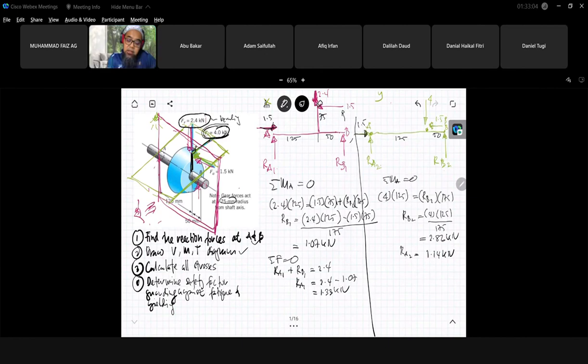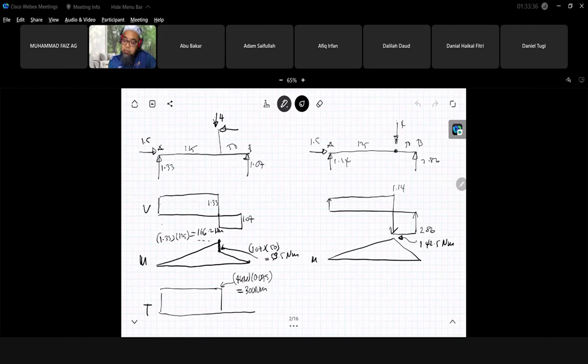This tangential force causes the torque, and this axial force causes the axial load. So we have to consider all three types of loadings on the gears.